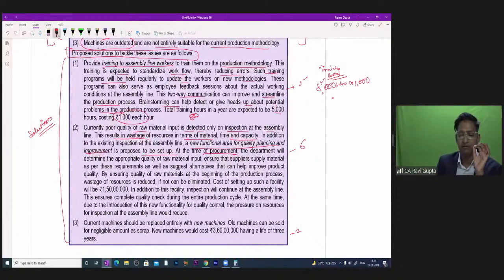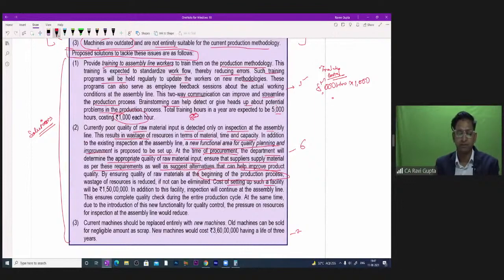So when we have inspection at the procurement time, the department will determine the appropriate quality of raw material input, ensuring the supplier supplies material as per these requirements, as well as suggest alternative ways that can help improve quality. By ensuring quality of the raw material at the beginning of the production process, wastage of resources is reduced, if not eliminated.